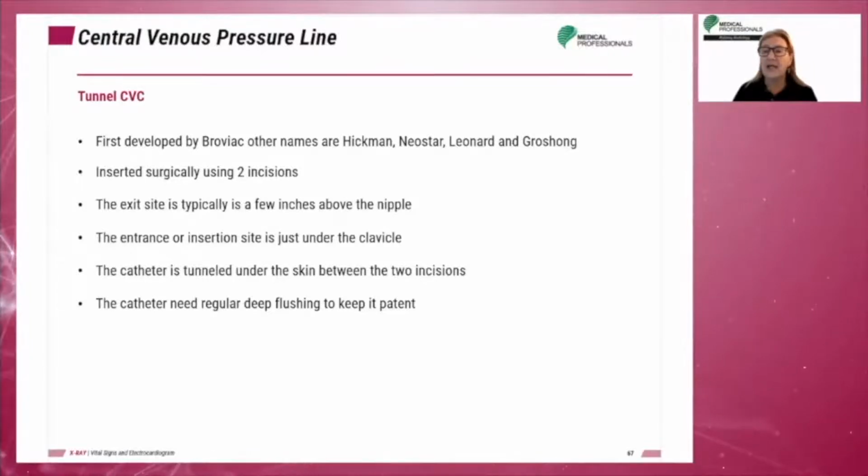The exit site is typically a few inches above the nipple. The entrance or insertion site is just above the clavicle. The catheter is tunneled under the skin between the 2 incisions. The catheter needs regular deep flushing to keep it patent.